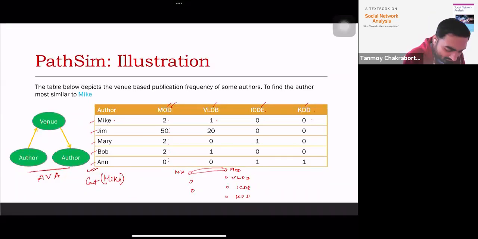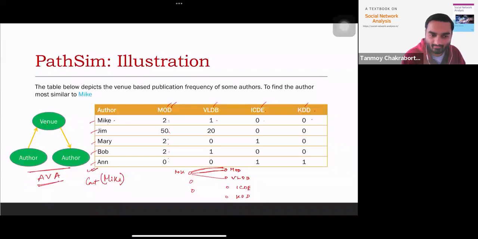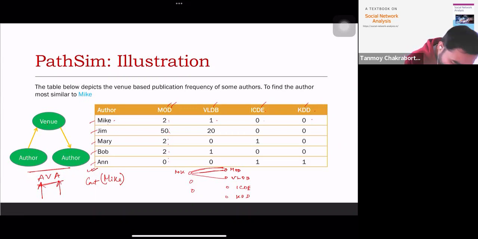Let's assume that 2 papers mean two edges. 1 paper in VLDB, 0 papers in ICDE, 0 papers in KDD. So this is actually a round trip metapath, AVA. But here both these endpoints should be Mike. That's why it's a round trip. How many such round trip metapaths are there? Think about it. Any idea? How many such paths exist?